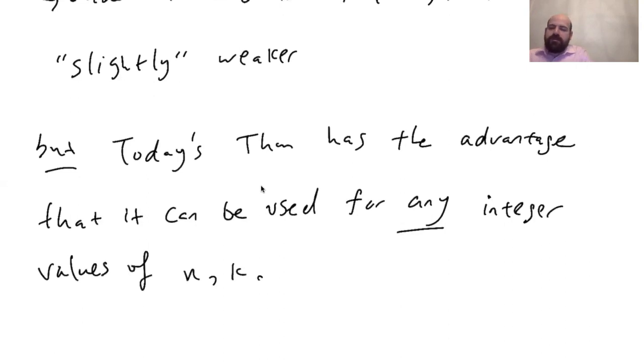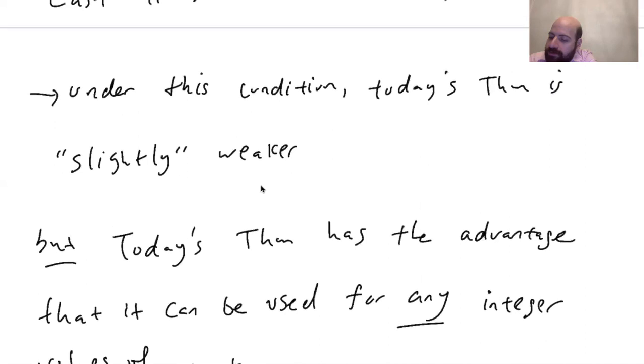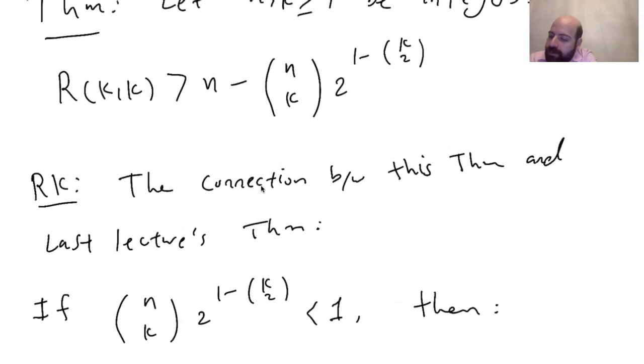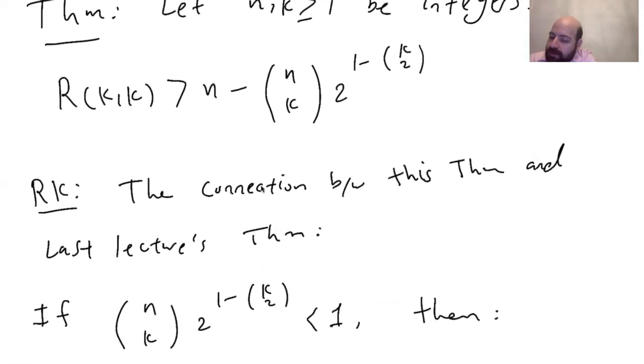Of course, n being bigger than or equal to 1, and k has to be positive integers, but that's the obvious condition. But once you have that, for any n and k positive integers, we can use today's theorem. But for last time's theorem, we needed this number here to be less than 1. Okay.